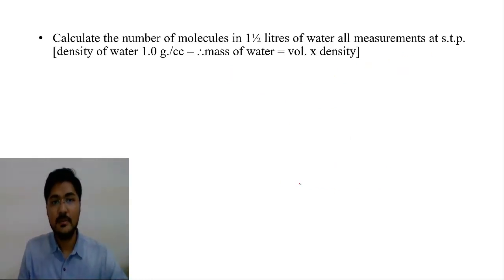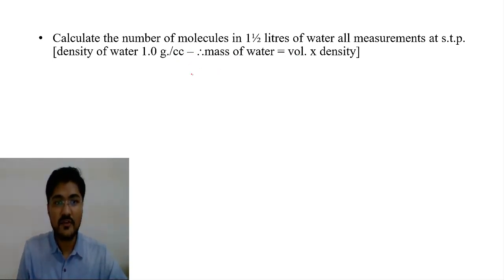Calculate the number of molecules in 1.5 liter of water, all measurements at S.T.P. The density of water is given as 1 gram per cc. Therefore, mass of water is volume times density.